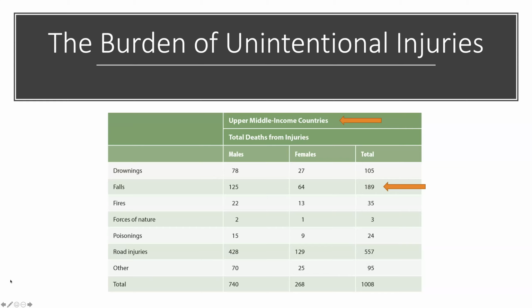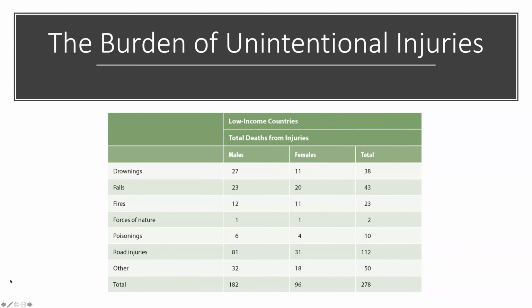So again, there's a high rate of falls. Actually, males versus females is a lot higher, probably because of the work. And road injuries is a lot higher. So 428 in males and 129 in females. So really, you can see how the road injuries have really ratcheted up as we move to upper middle income countries.